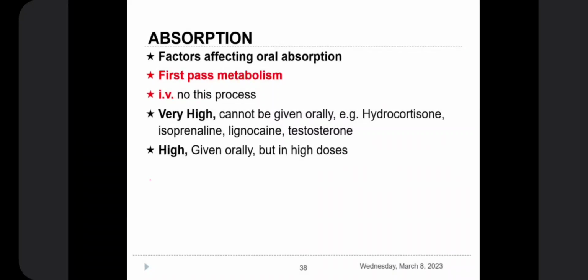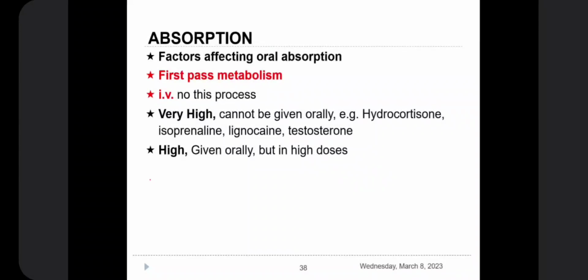Okay, some students ask me, will the first pass metabolism drugs get into systemic circulation? Here it is just for oral administration, and before coming into circulation, the drug can be metabolized by the enzyme.